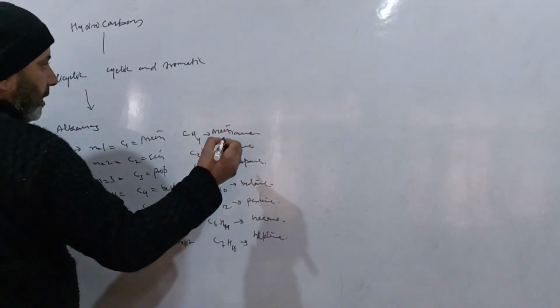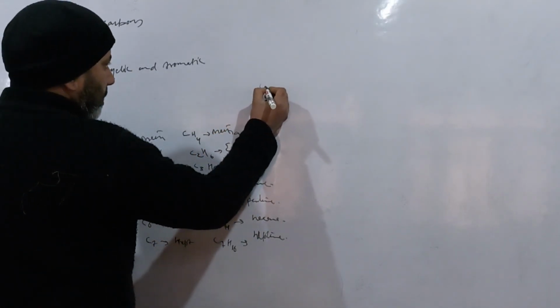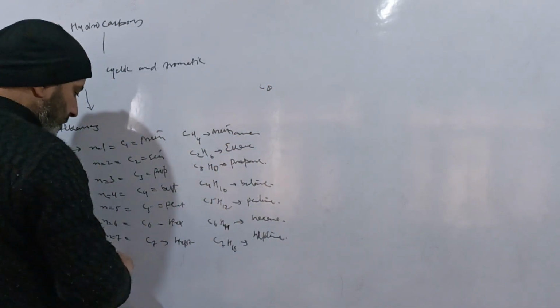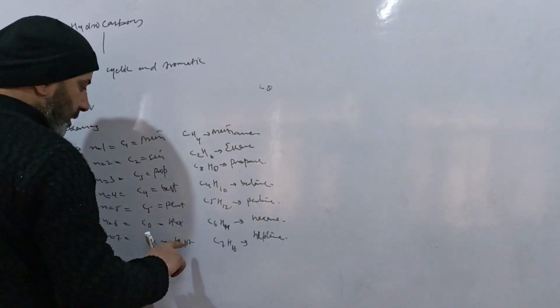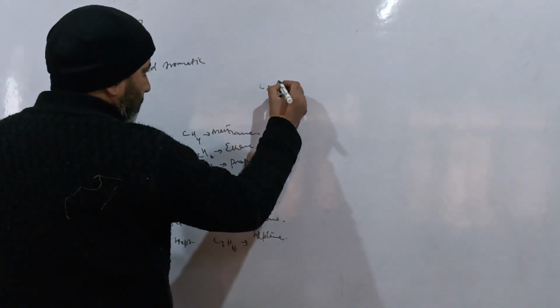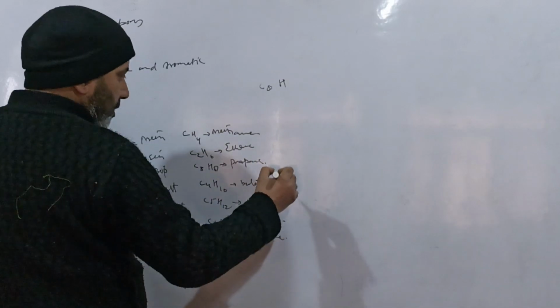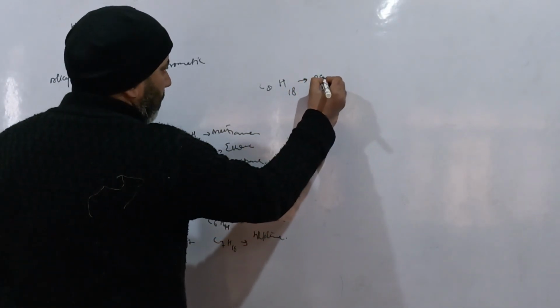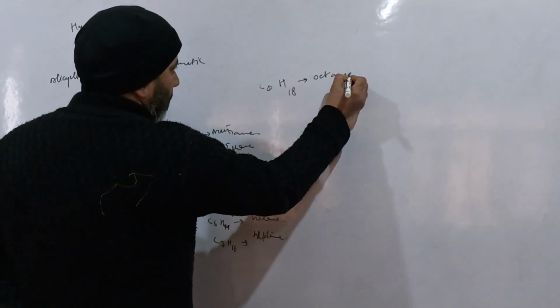In the similar manner, n is 8, C8, and that will become C8H18, octane: oct, then add ane.